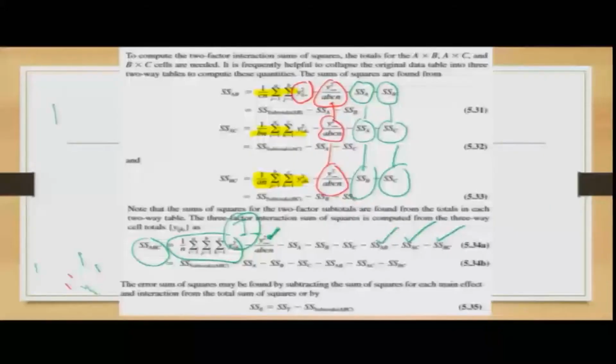It will be AB, then AC and AD. So, combinations of A with B, C, D will come. Then the combinations would be BC, BD, then CD. So, you will basically have the combinations as shown.